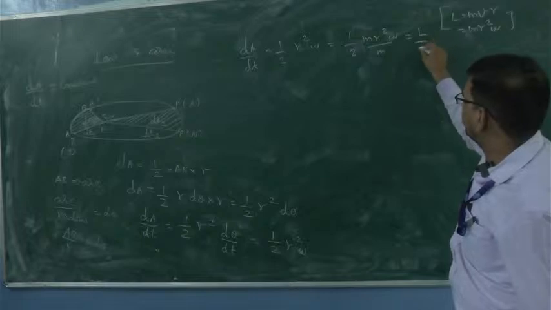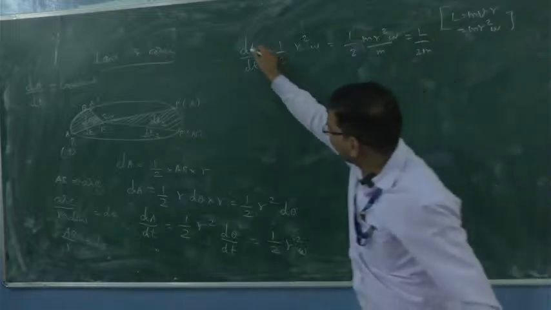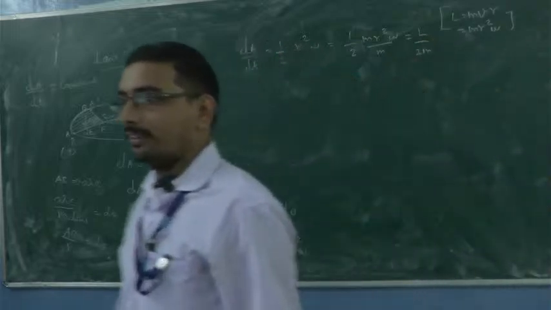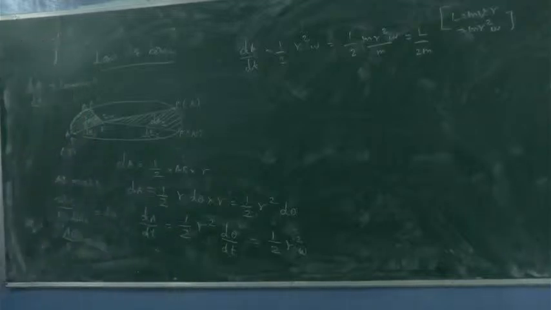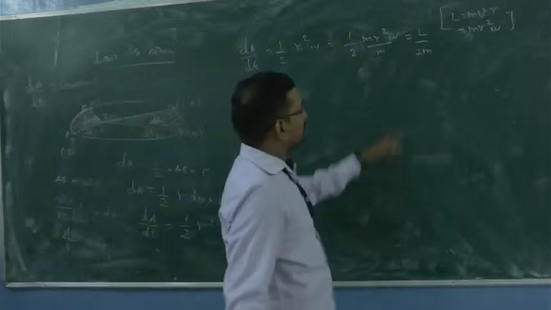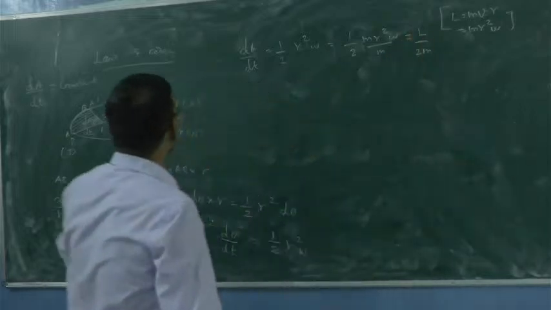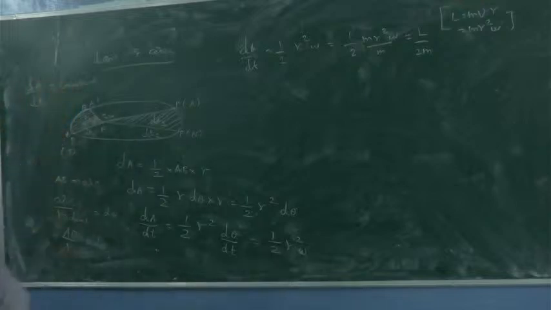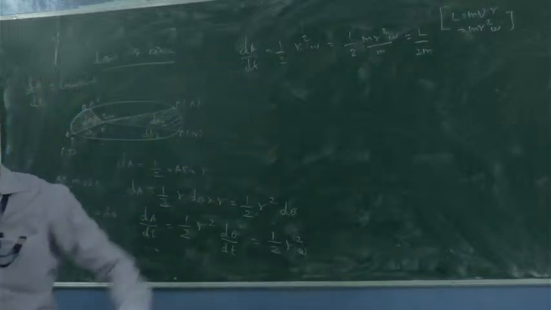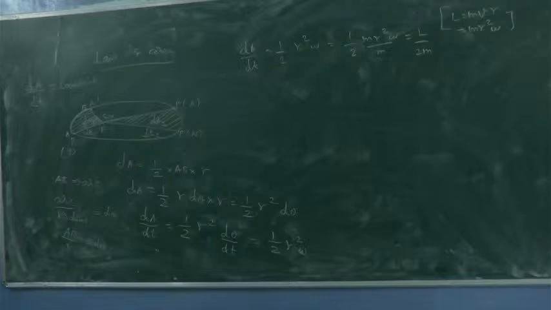So L by 2m. Now tell me, what is dA by dt? It is the area covered by the position vector in the given time dt. That's the equation L by 2m. Our aim is to prove dA by dt is a constant. What is L? L is angular momentum.